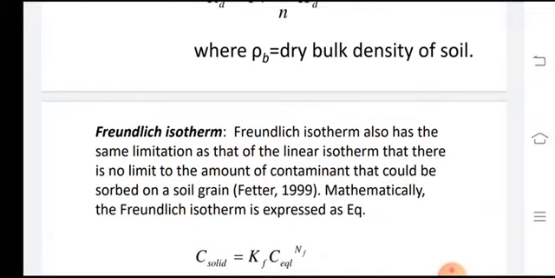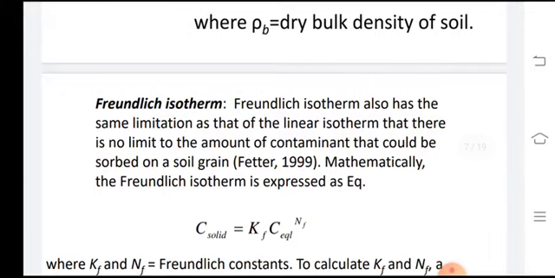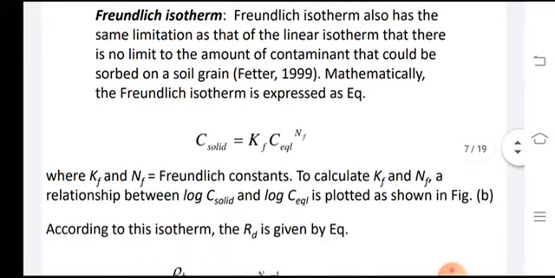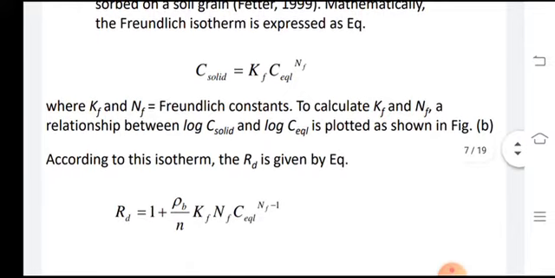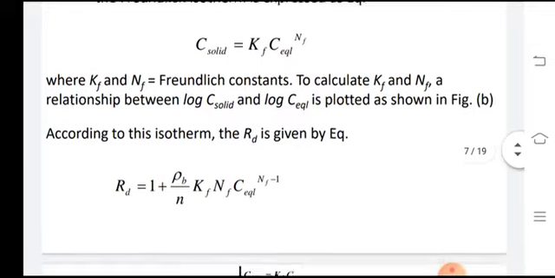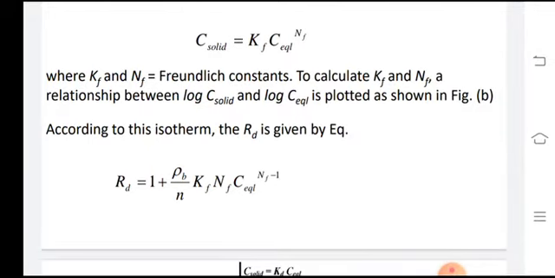The Freundlich isotherm again follows the same assumption that there is no limit to the amount of contaminant that can be sorbed on the soil grain. And again, in this case, we have this equation with different constant values, and these constant values are based on our introduction of new parameters.